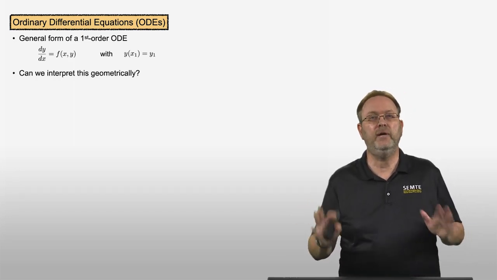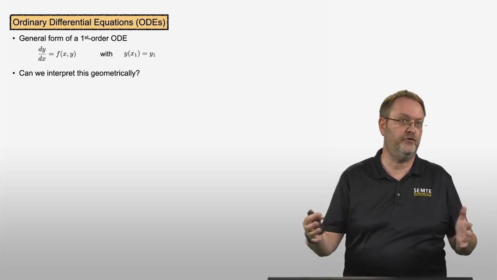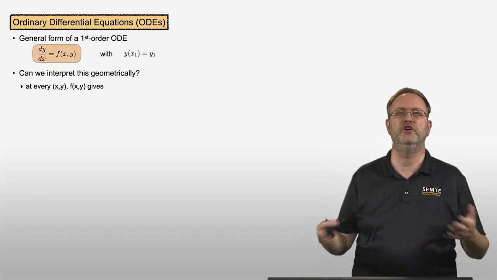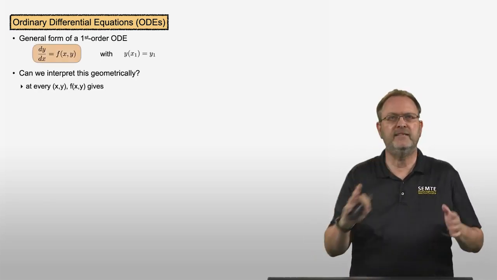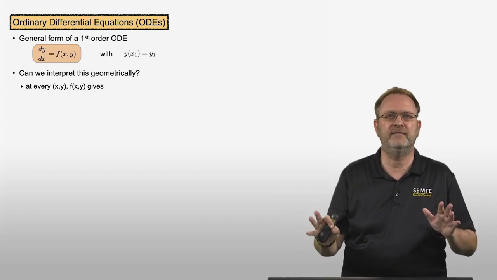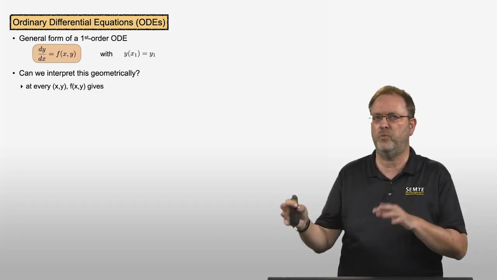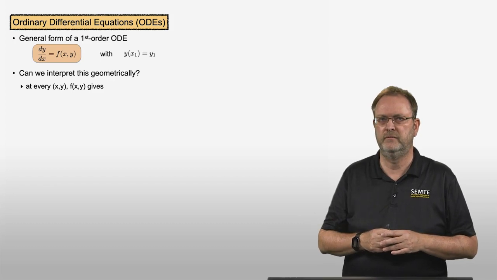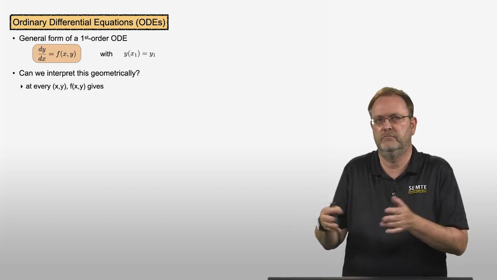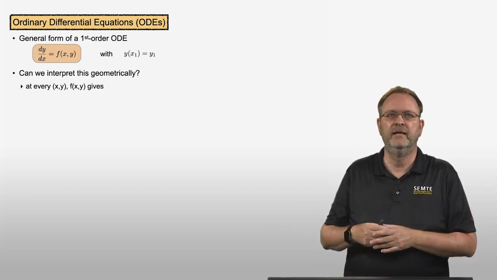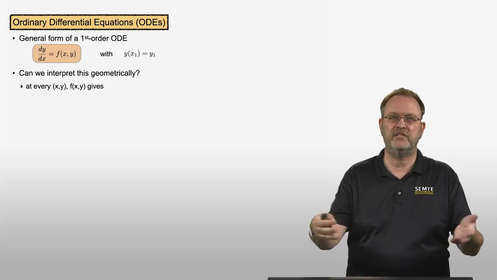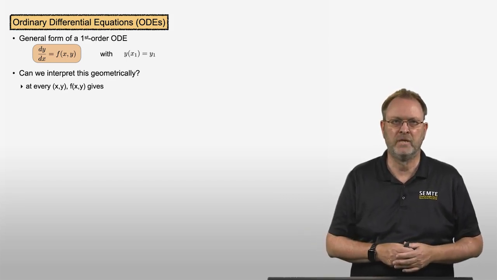Now, can we interpret this first order ODE geometrically? So what does this equation say? Well, it basically says at every point x, y, I can evaluate the right-hand side f of x, y, because that's a function that has to be given in the ODE.